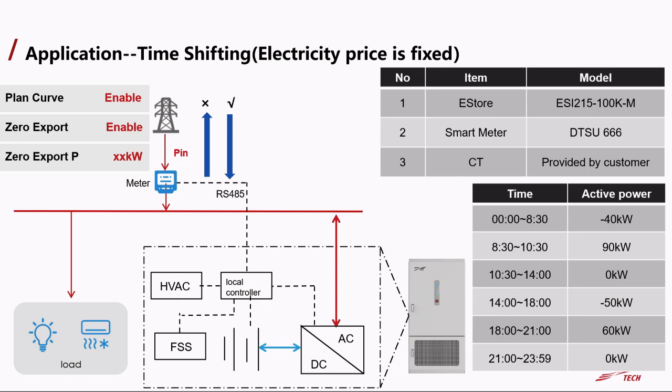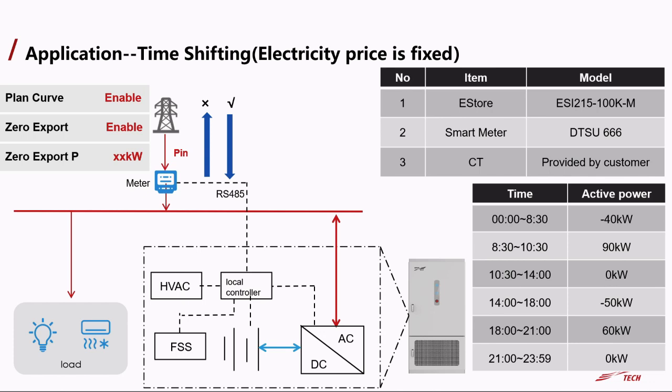Because the Planck curve function can set 8 different periods of charge and discharge time, and the weekday and weekend can be set separately. From 0 a.m. to 8:30 a.m., the price is low. Then we can charge the battery at a certain power at a low price level.